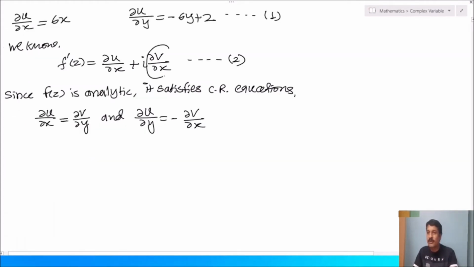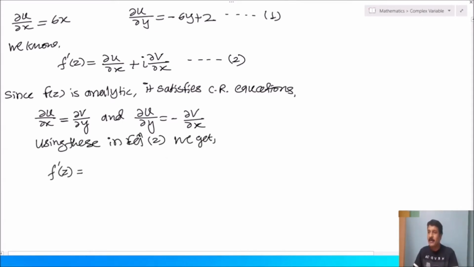So here I want to replace this because u we have. What is del v by del x here? Taking the minus sign to this side, it is minus del u by del y. Using this in equation 2, we get f dash of z equal to del u by del x, and this del v by del x is minus i del u by del y. Now both values we have from equation 1.